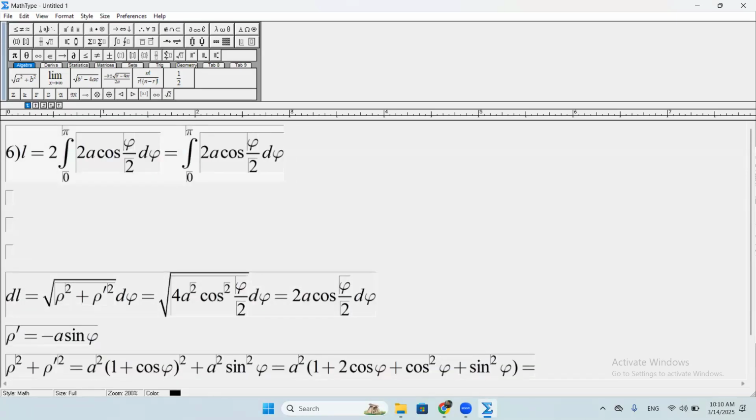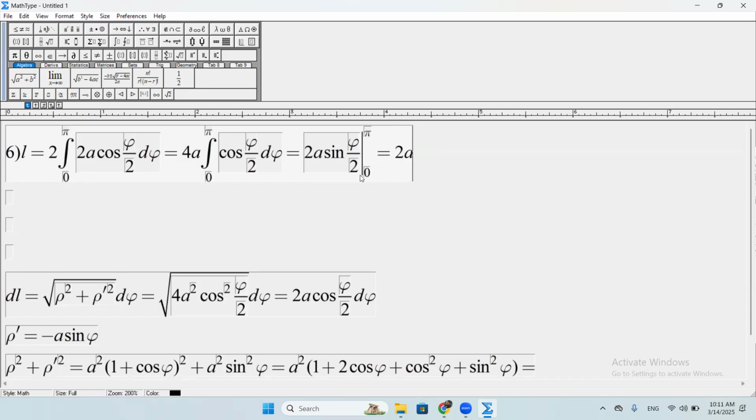So 4a, and now we have 2a sine of phi over 2 with the substitutions from 0 to π. So sine of π over 2 is 1, so the result is 8a.